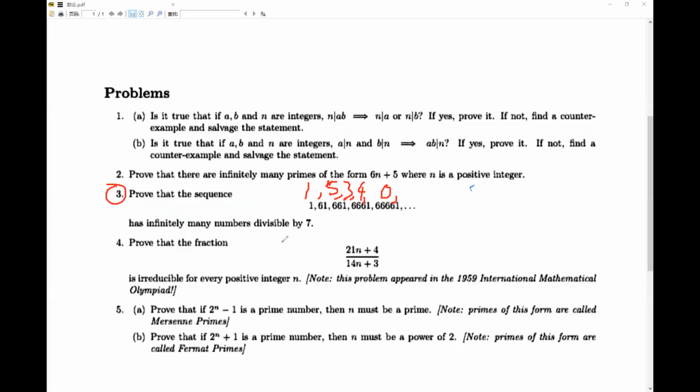So then I can get 60, then plus 1. So 61 will be congruent to 1 plus 4 mod 7. Yes, this is a good one.